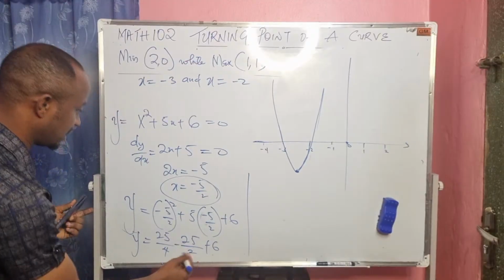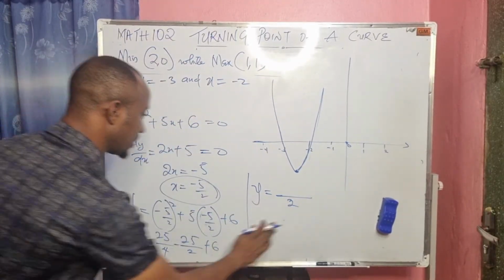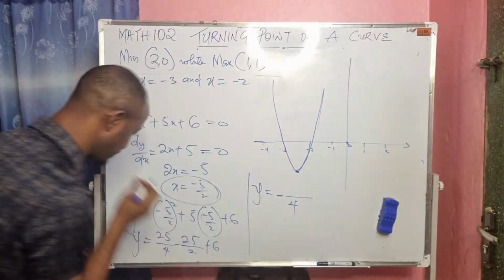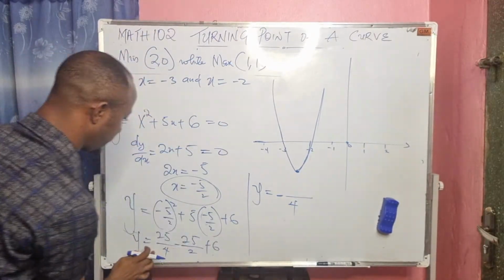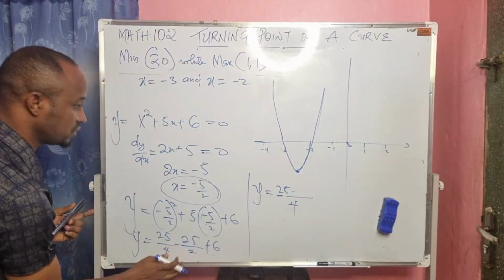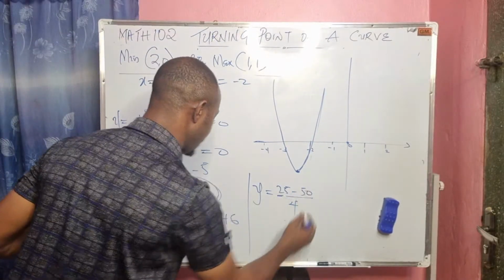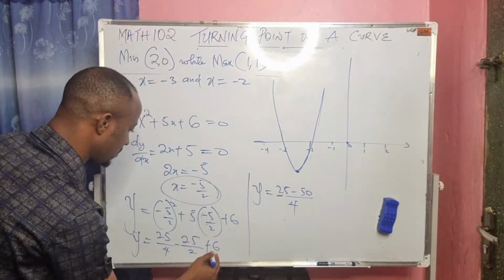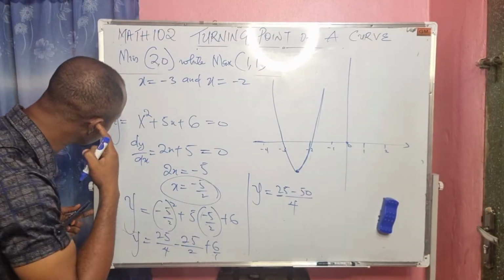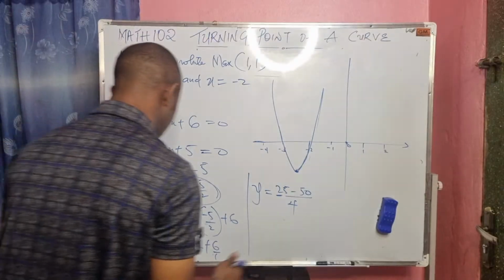Let's see the LCM between these. LCM is 4. Okay, 4 into 4 is 1. There we have 25 minus, 4 into 2 is 2, 2 times 25 gives minus 50. Okay, 4 into 1 is 4, 4 times 6 is 24.